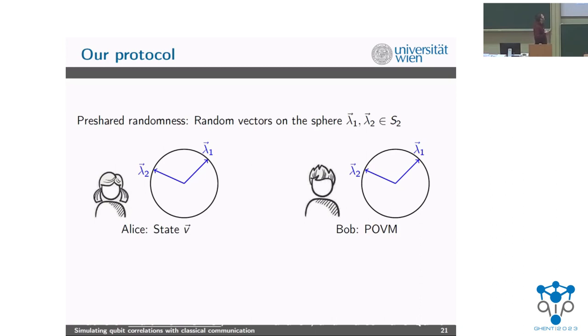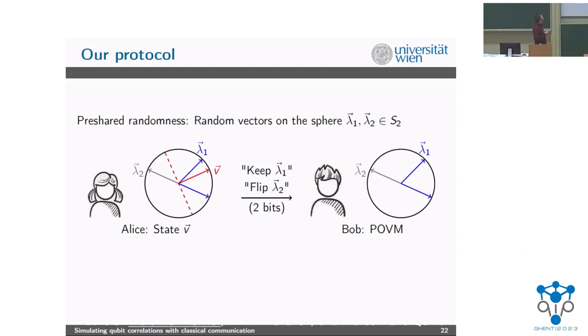So they again start with some shared random vectors. And now Alice tries to sample such a distribution to Bob. So she can again choose which data she would like to send, and checks if these two vectors that they had are already in the correct hemisphere or not.